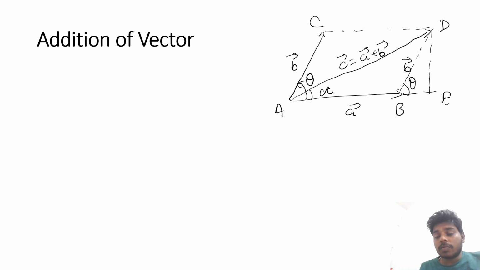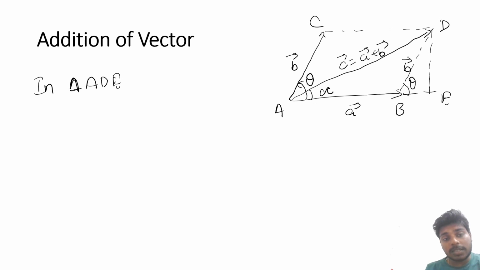So we have to calculate this alpha. For calculating alpha in triangle ADE, what can we calculate? We can calculate tan alpha. Tan alpha will be DE upon AE.